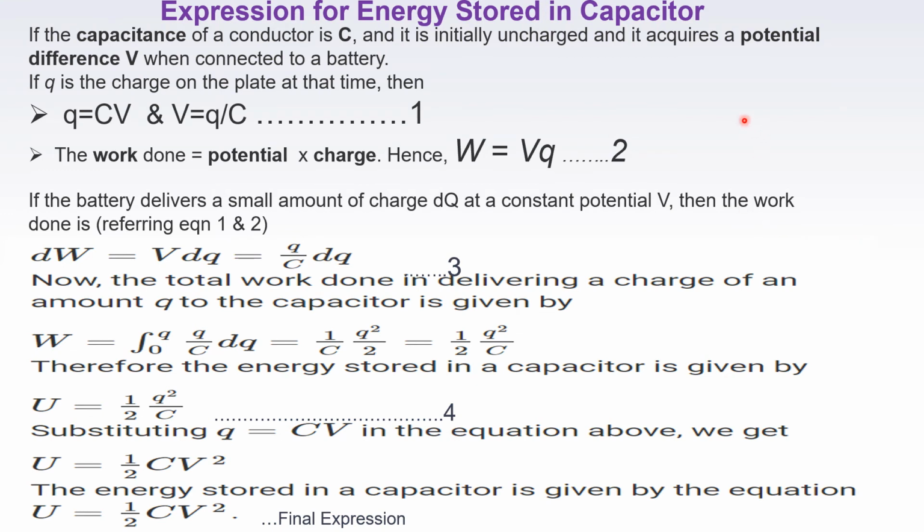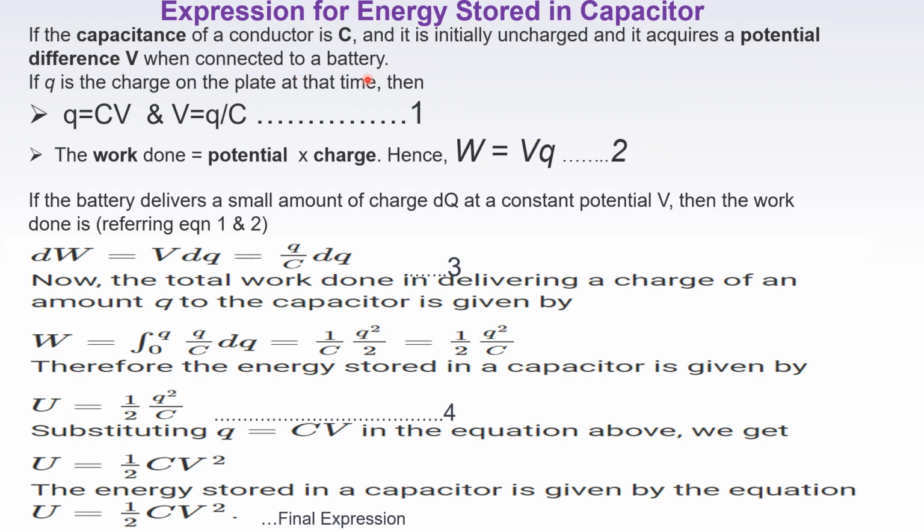Now we will see expression for energy stored in capacitor. So here we are going to derive the formula for energy stored in the capacitor. If the capacitance of a conductor is denoted by C and it's initially uncharged and it acquires a potential difference V when connected to battery.